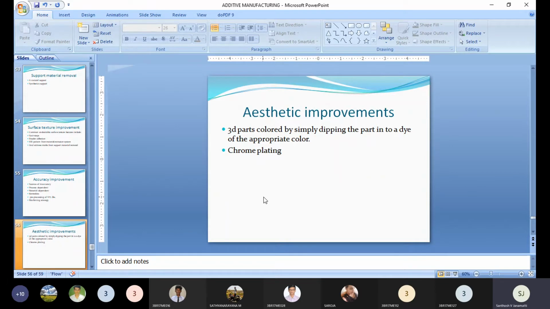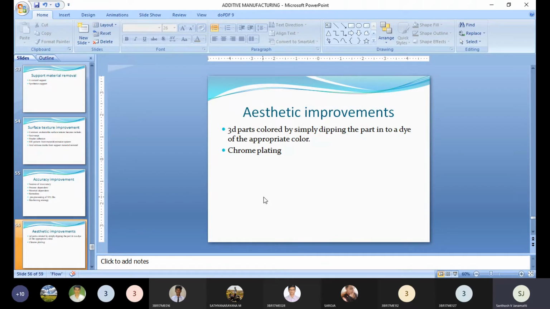We have a chromium solution in one particular container. So we need to dip the entire 3D product into the chromium solution. Then we need to dry that 3D product. This process we can say is chrome plating.